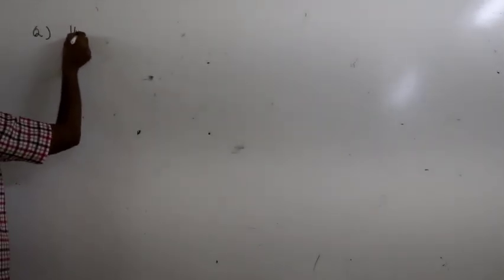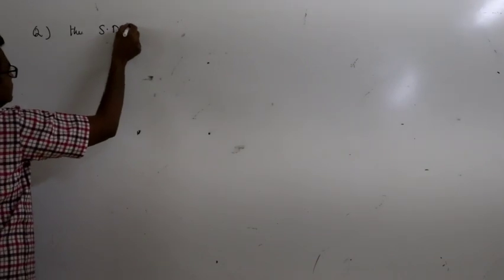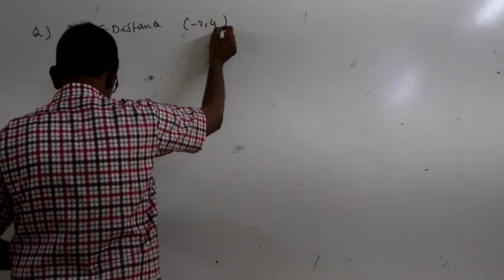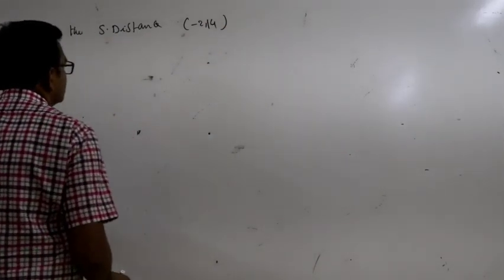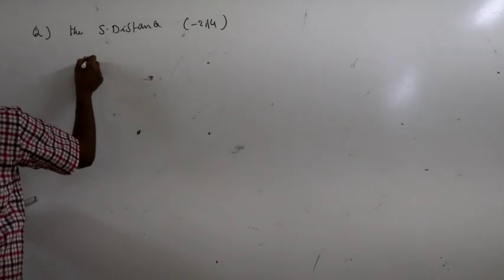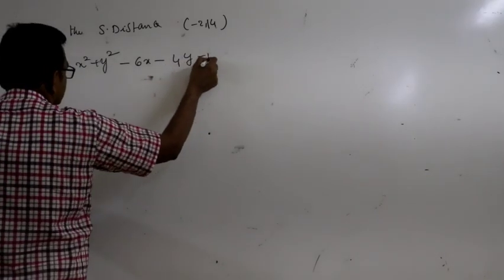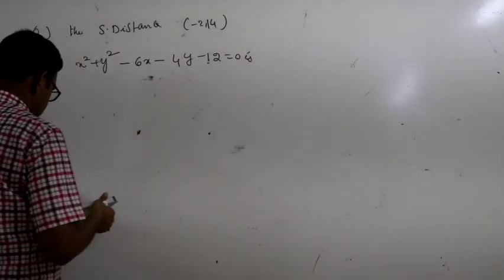Next problem. The shortest distance from the point (minus 2, 14) to the circle x square plus y square minus 6x minus 4y minus 12 equal to 0 is?